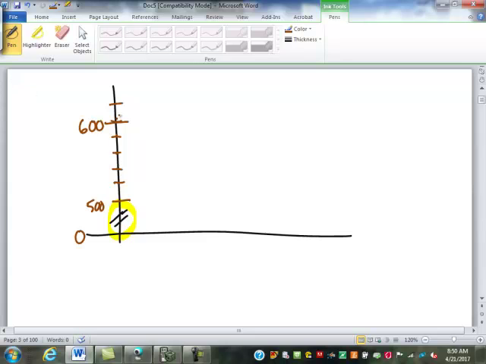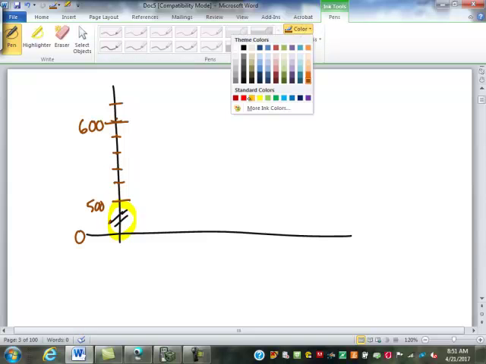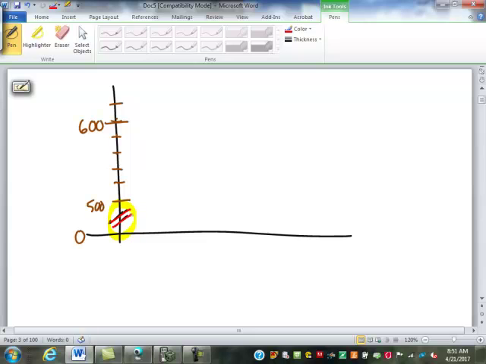What's happened there? Yeah, we skipped a bunch. That little double slash there, that symbol, basically means that a piece of the axis has been cut out and removed. If there's no points that occur below that, they'll a lot of times do that so that you don't have a lot of empty space on the graph.